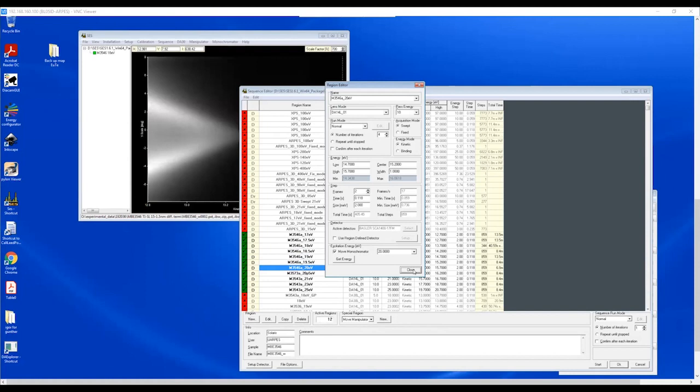Okay, and you can see the computer and other computer monitors. And next, show.